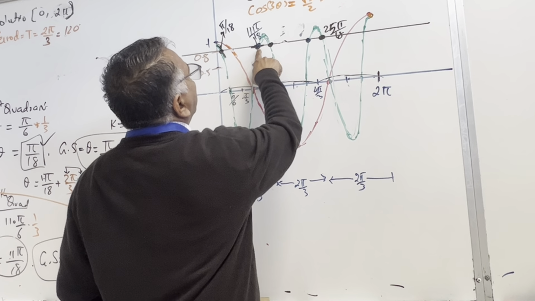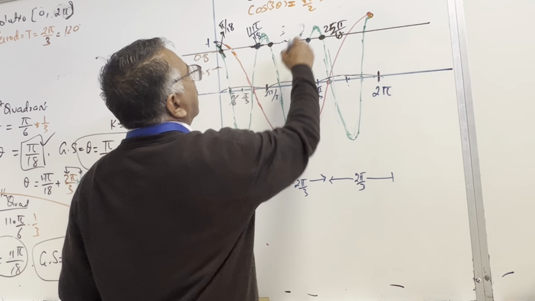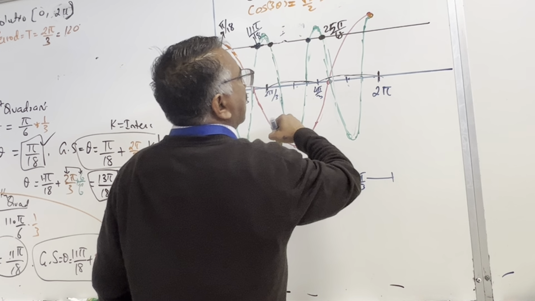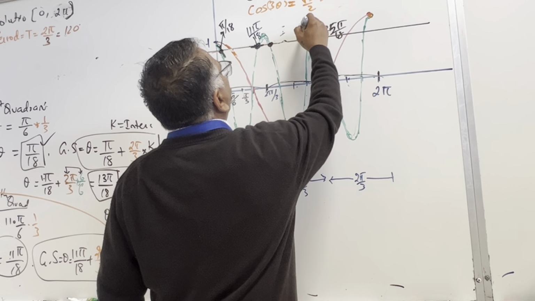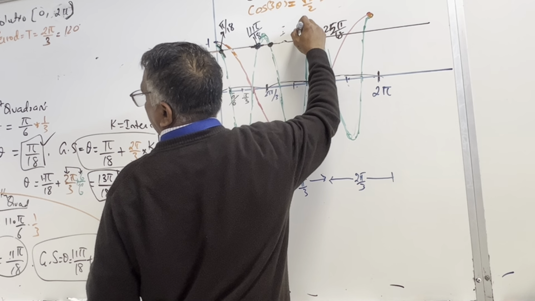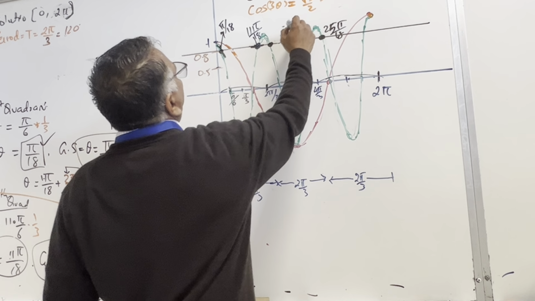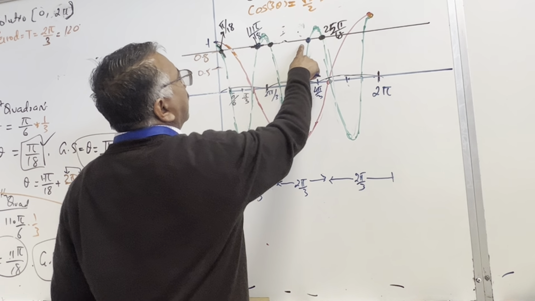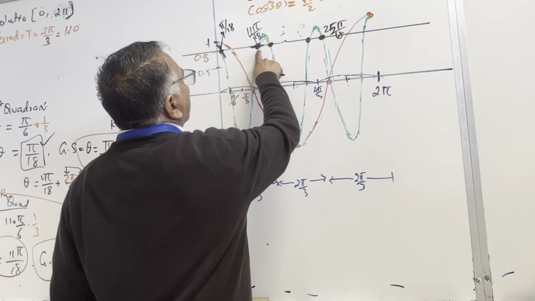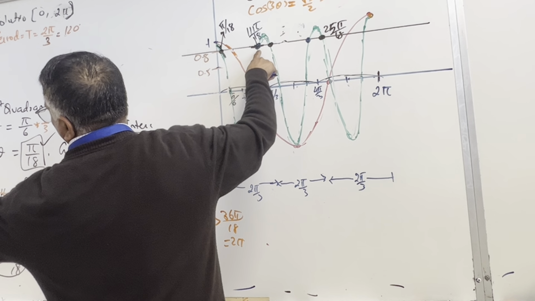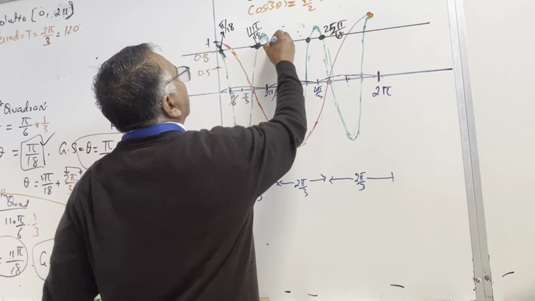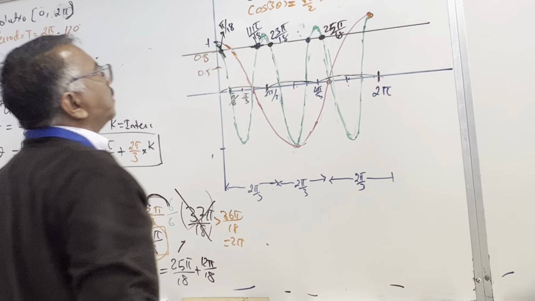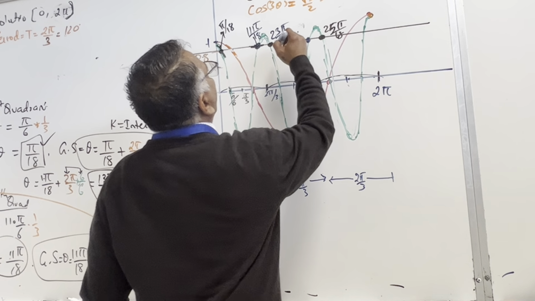So this point is 11 pi by 18. Then 11 pi by 18 is followed by 23 pi by 18. So this is 23 pi by 18. And then there is another one.